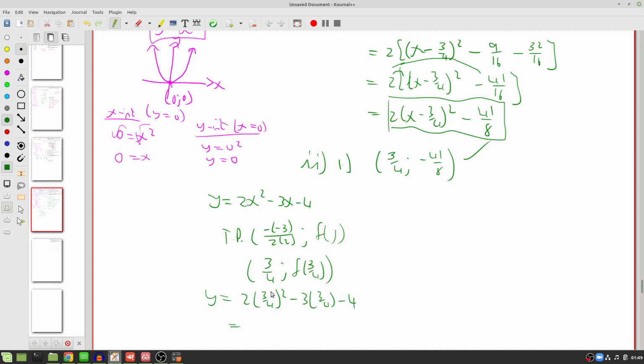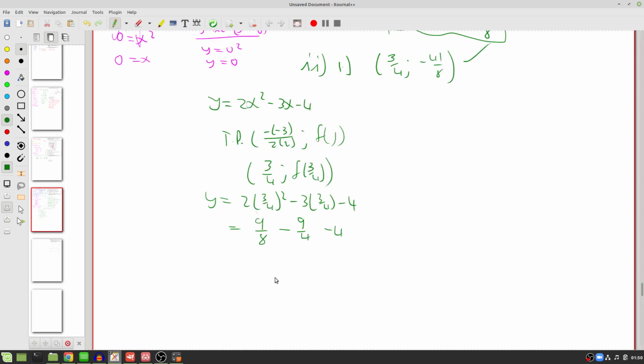Okay, so 3 over 4 squared gives us 9 over 16, times 2 is 9 over 8. Minus 3 times 3 is 9 over 4, minus 4. Let's get a common denominator, which will be 8 in this case. That 9 is fine. This 9 has to be multiplied by 2, and this 4 has to be multiplied by 8.